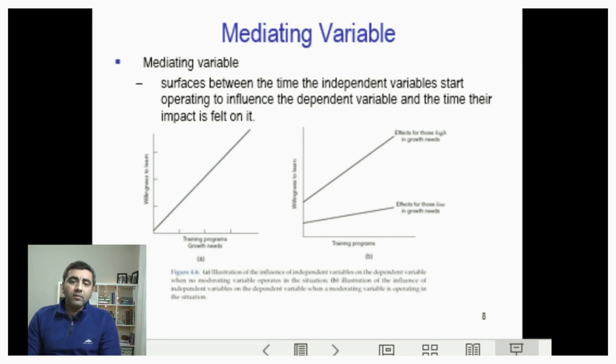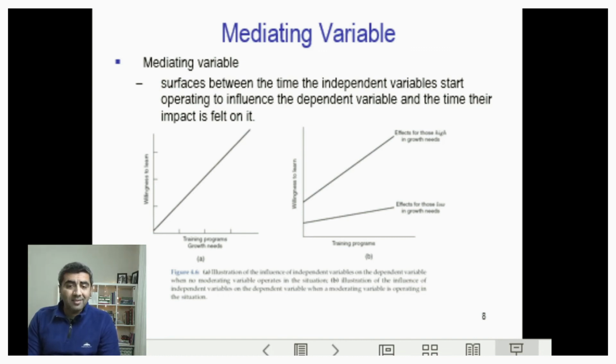So moving on, the next variable is the mediating variable or the intervening variable. A mediating variable is one that surfaces between the time the independent variable starts operating to influence the dependent variable and the time their impact is felt on it. There is therefore a temporal quality or time dimension to the mediating variable.